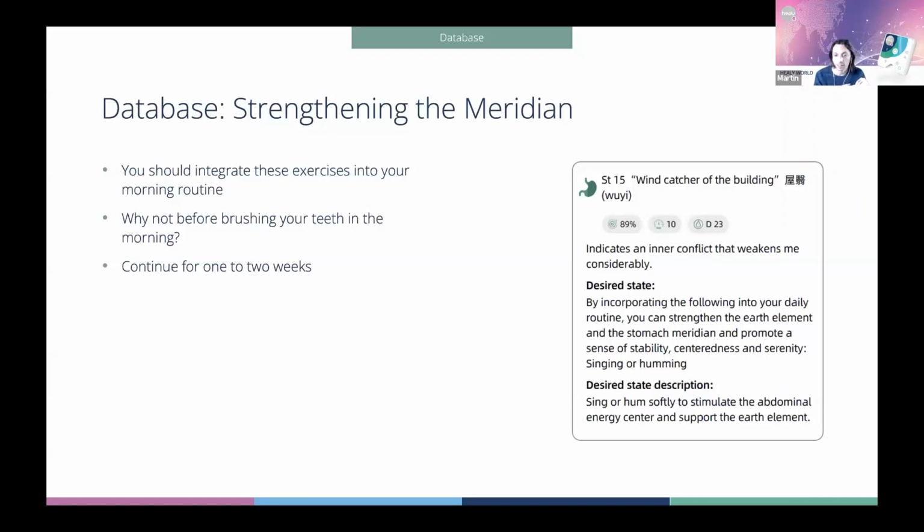And this indicates an inner conflict that weakens me considerably. So this is the message behind the acupuncture point, but it has nothing to do with the desired state and desired state description. So always keep this in mind, because of course the message behind the acupuncture point always stays the same, but the desired state and desired state descriptions are always analyzed for this acupuncture point newly again in those databases. Let's go.